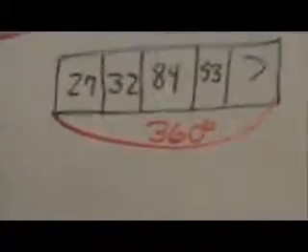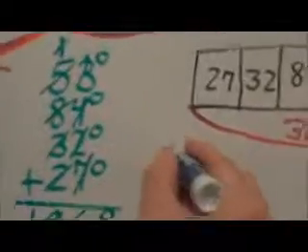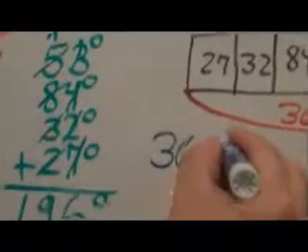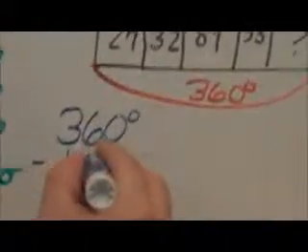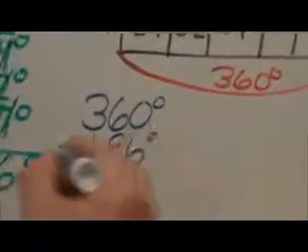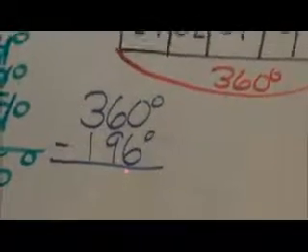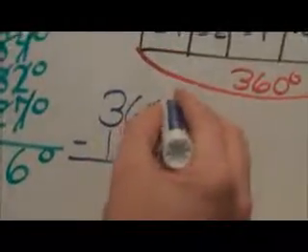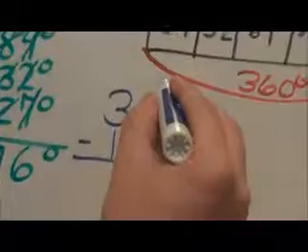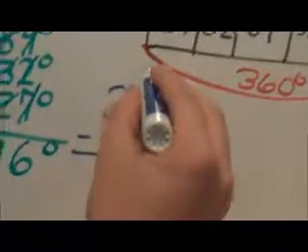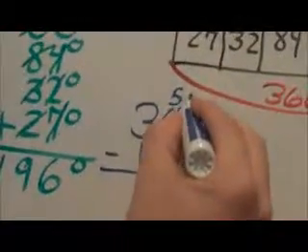Now the easy part comes in now. If my whole thing is supposed to be 360 degrees, I'm going to subtract out 196 degrees, which I already have, to find my unknown. 6 from nothing, I have to borrow. So my 60 becomes a 50.